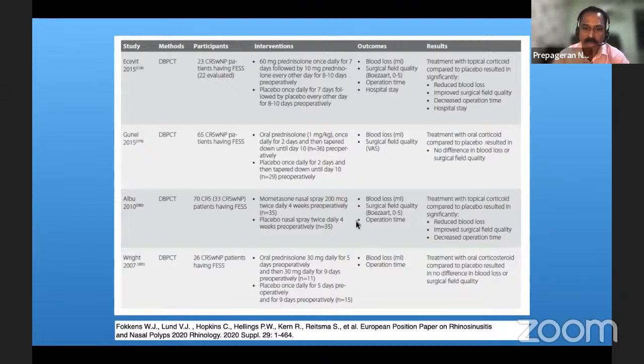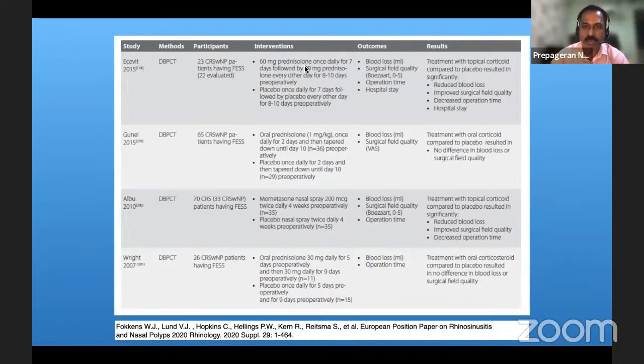If we go upwards again, this is 2015, where they used a steroid, 1 milligram per kilogram body weight for 2 days, and then tapered down to day 10. They compared with placebo, and found there was no difference at all in blood loss or surgical field quality.